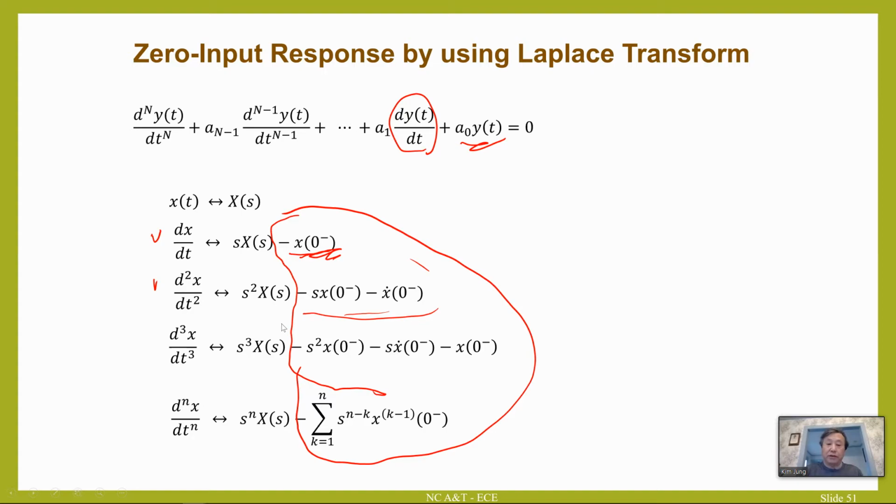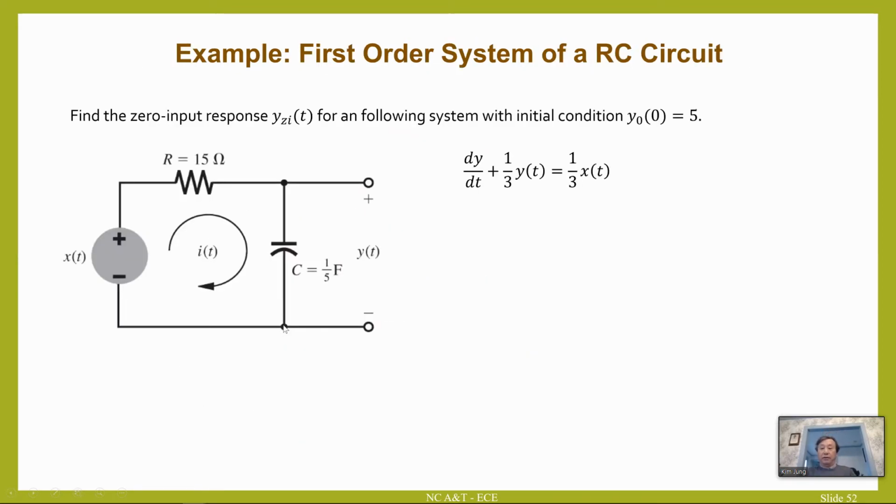Using this concept, now take an example. This is the same circuit for which we found this differential equation. In this case the output is the voltage across the capacitor, and the input is given, but for the zero input response we make the input zero. The zero input is a DC voltage source.